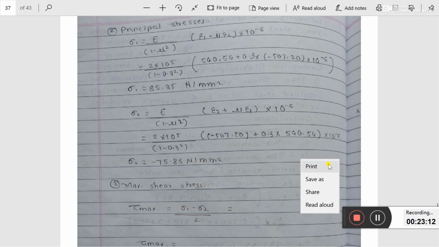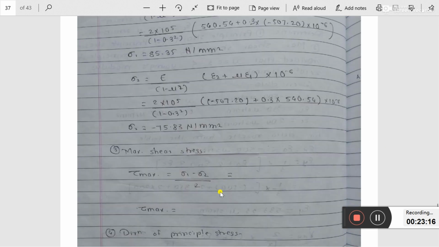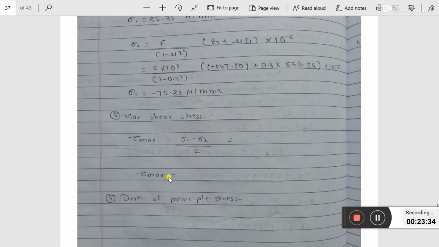By subtracting sigma 1 minus sigma 2, that is 85.35 minus minus 75.83, and dividing by 2, I will calculate tau max, and that tau max becomes 80.59 Newton per mm square.